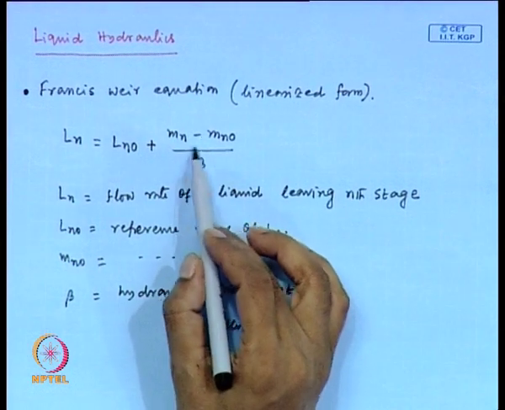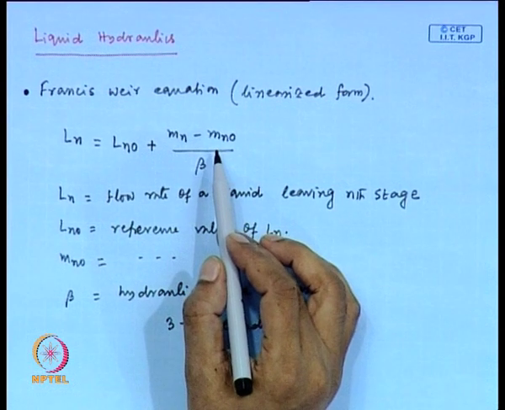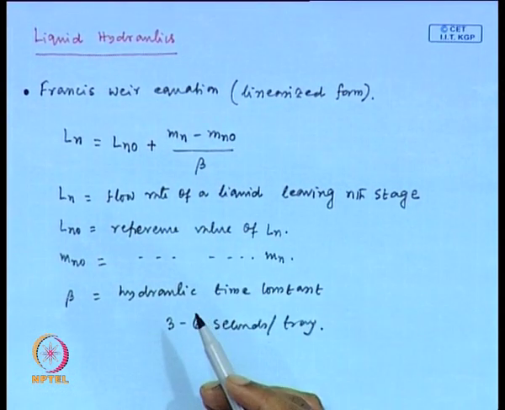That means, you see the difference between M n and M n naught, that is divided by the hydraulic time constant, then that amount is included with L n naught to calculate the L n. This is the simplified version of Francis-Weir formula. Other forms include the nonlinear versions basically. Fine. So, we will consider this simplified form in the example distillation column modeling.